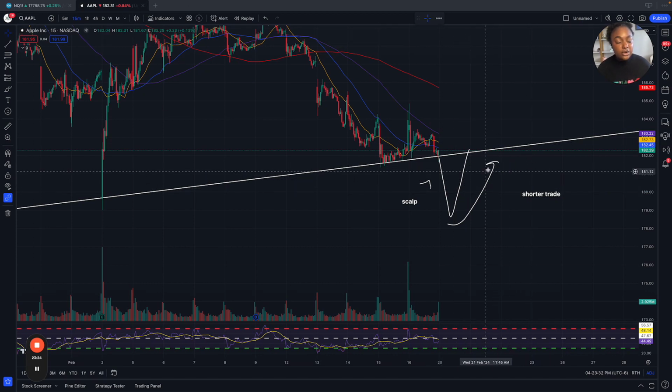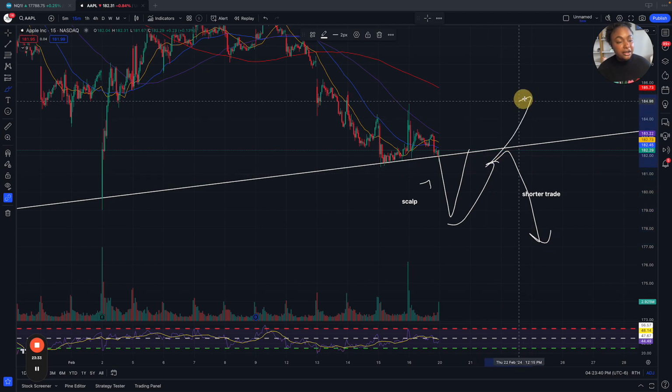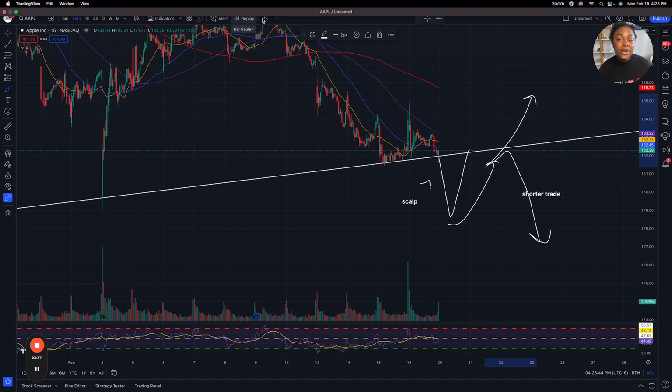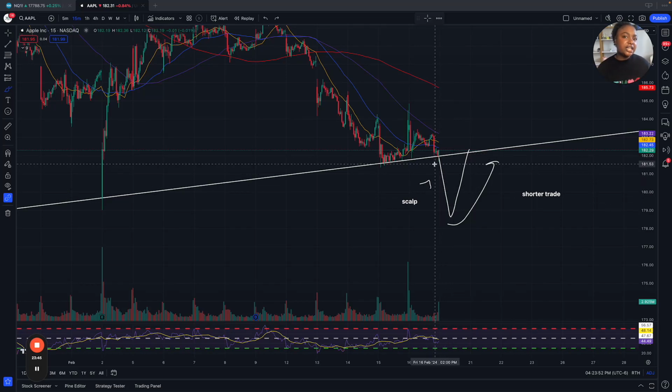Because I don't know, are you going to get back up here and reject and then come back down? Or will you get up here and come back above the trend line and go back up? So that is, again, why I said, if I do catch the break on a lower time frame on an intraday level, I will be interested in taking it as a day trade.